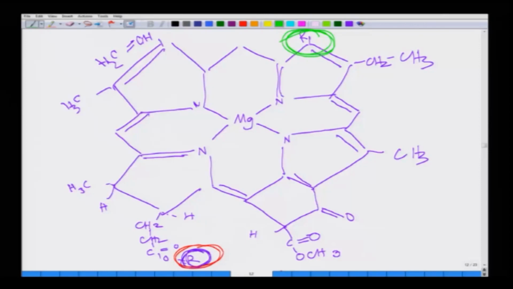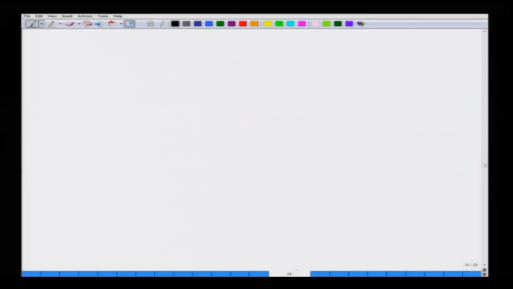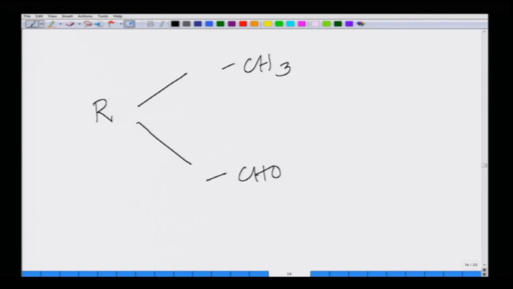If you look at this one, I'm now circling this R group. This R group varies. That R group could be of two types. Either a CH3 group, a methyl group, or a CHO group.